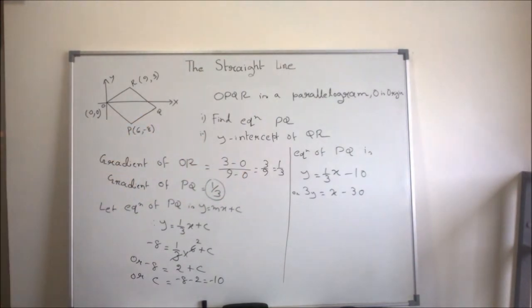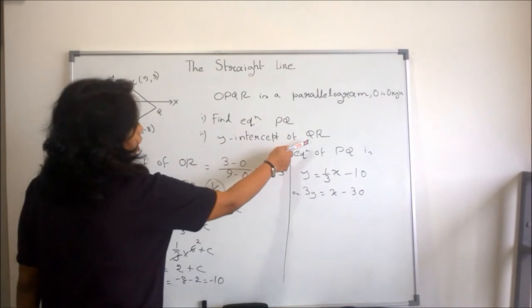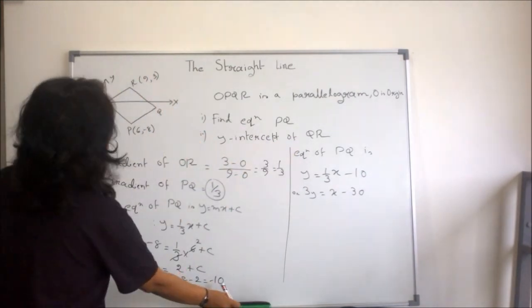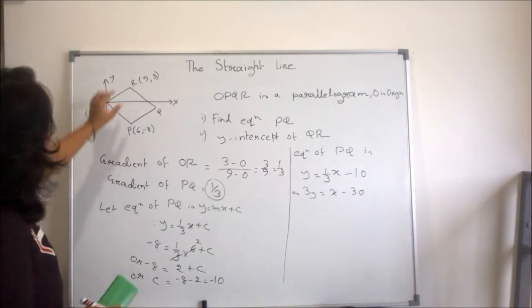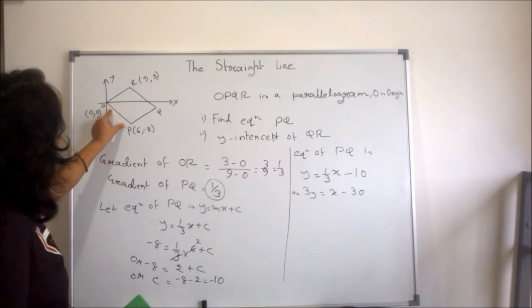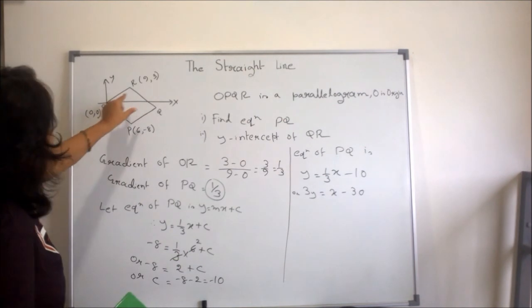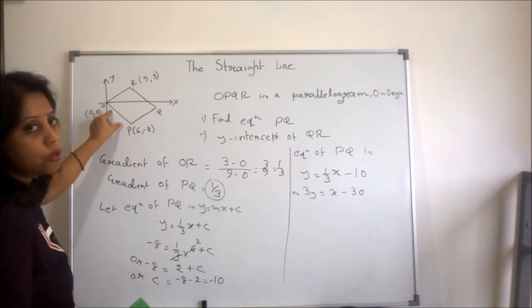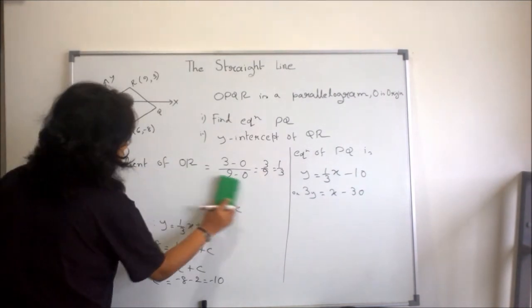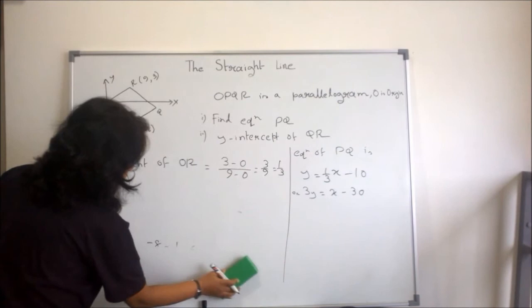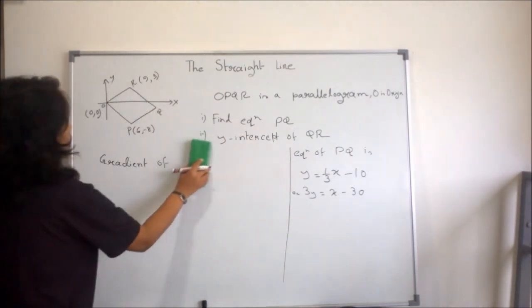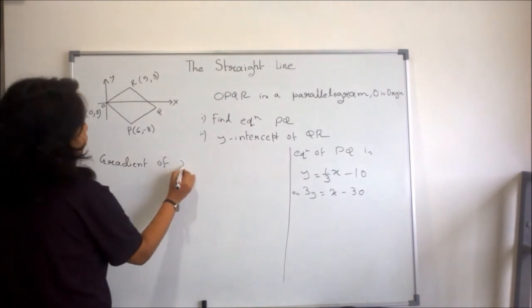Now we have to find the equation of the line QR. The line QR is parallel to the line OP. So here also we find the gradient of OP.